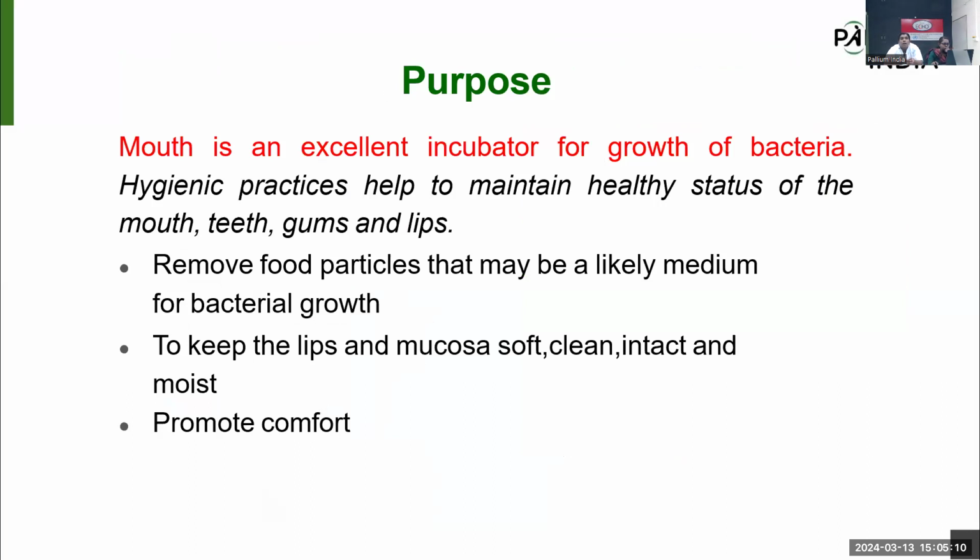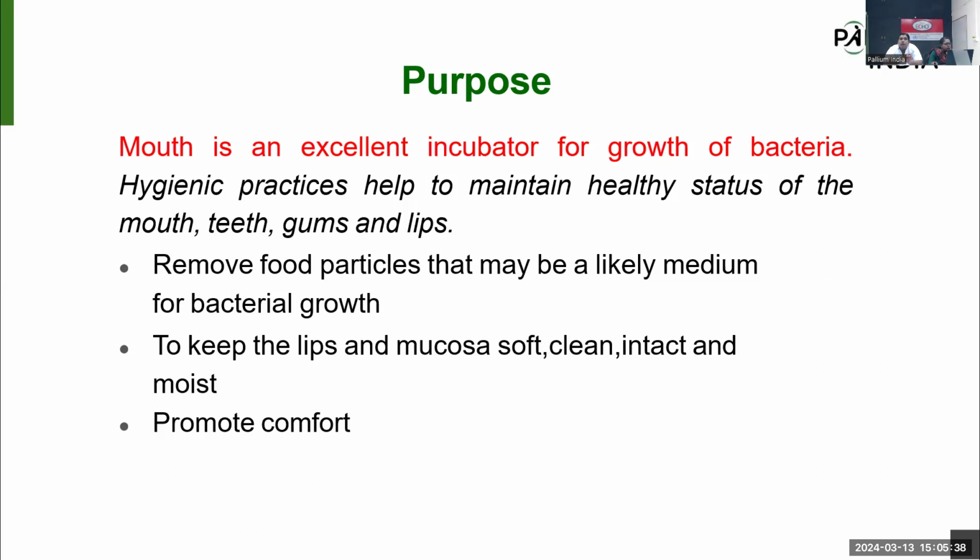The mouth is an excellent incubator for the growth of bacteria, a reservoir of bacterial growth. Hygienic practices help to maintain the healthy status of the mouth, teeth, gums, and lips. So we have to clean the mouth properly, which will prevent the growth of bacteria.